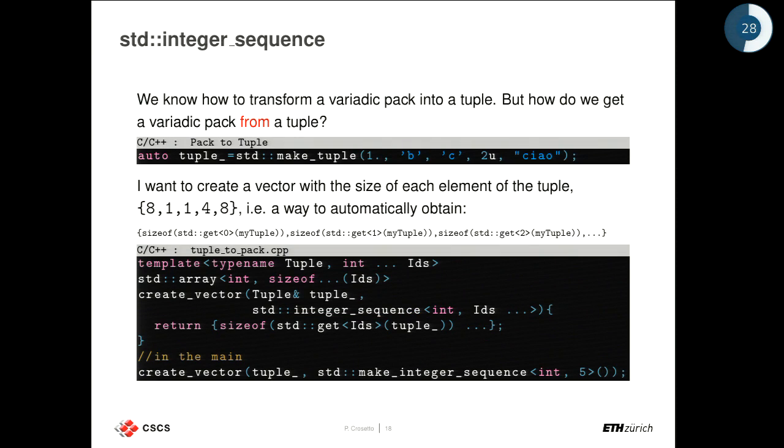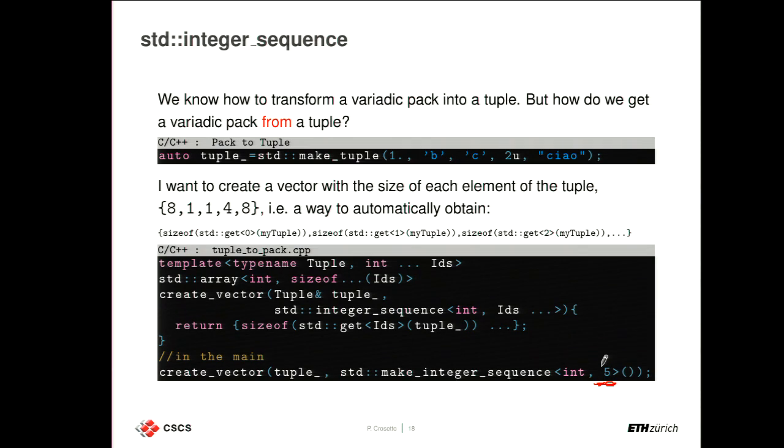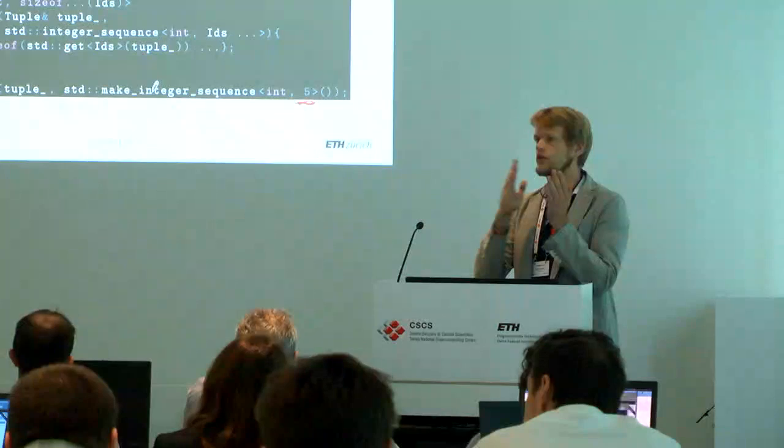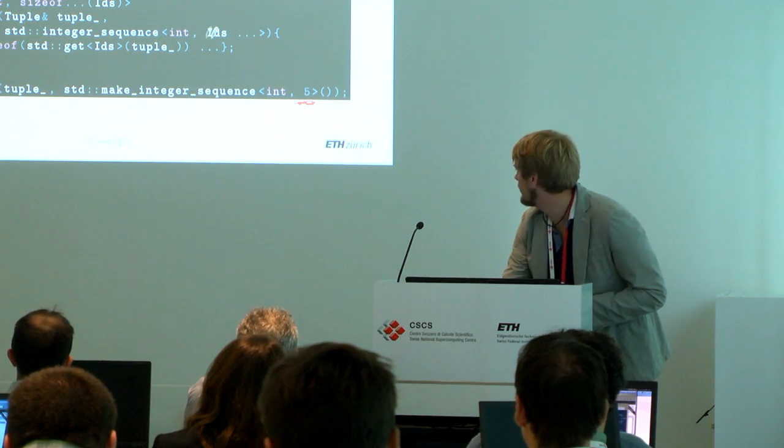To call this, you just create vector tuple and make integer sequence of dimension 5. So you only have to specify the dimensions here. This is actually a hard-coded 5 because I didn't have space to put size of tuple, but this should be the size of the tuple. You don't need to specify the whole sequence, 0, 1, 2, and so on. This gets done automatically inside.